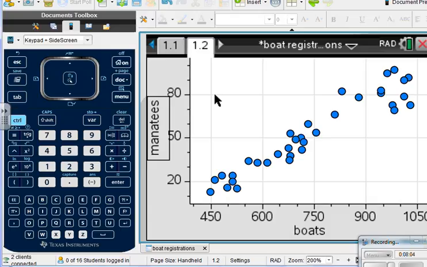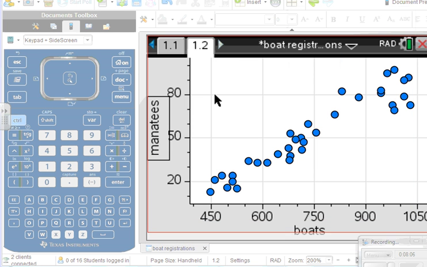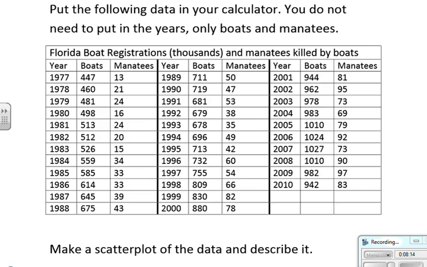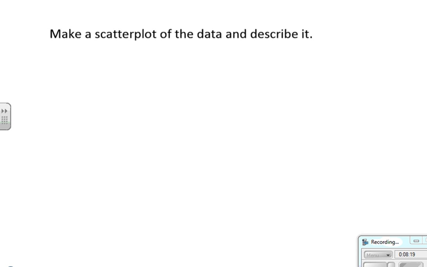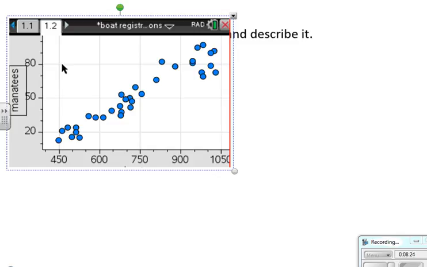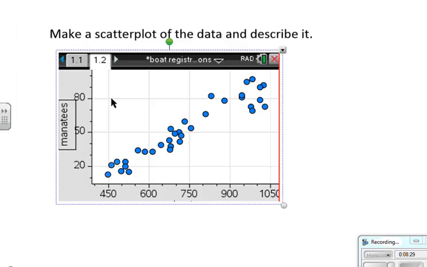There's your scatter plot. Okay, I'm going to grab that and put it in the smartboard so that I can write on it. Alright, so if we're going to describe this scatter plot, okay, we need to talk about strength, direction, and form.